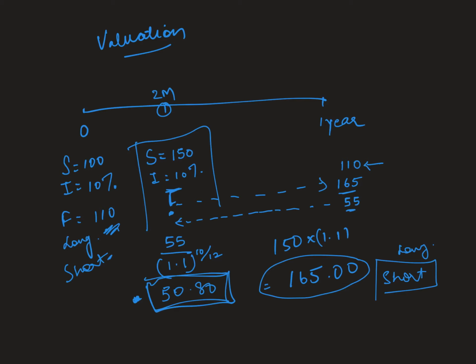If the price rises, you are making profits. Whenever you're short on a forward, then you are bearish. If the price falls, then only you make profit. I think we can move on to our third topic, which was valuation when dividends are present.